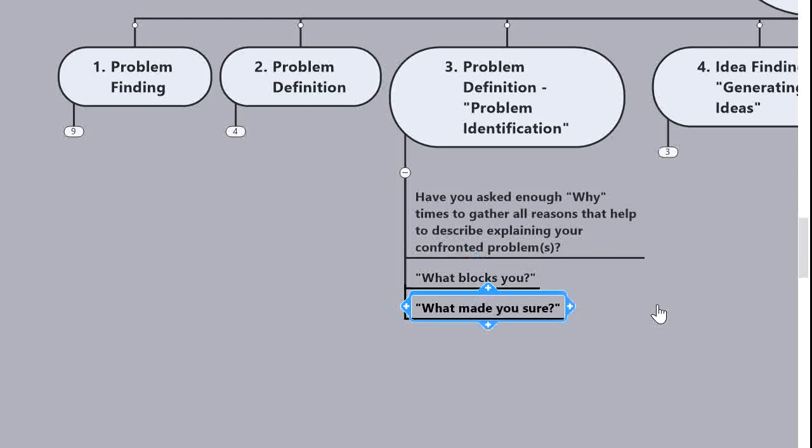And another miracle question is called, "What made you so sure?" What made you sure that this thought is true to be the real cause of the problem? Each time you ask this question, you get a different answer.